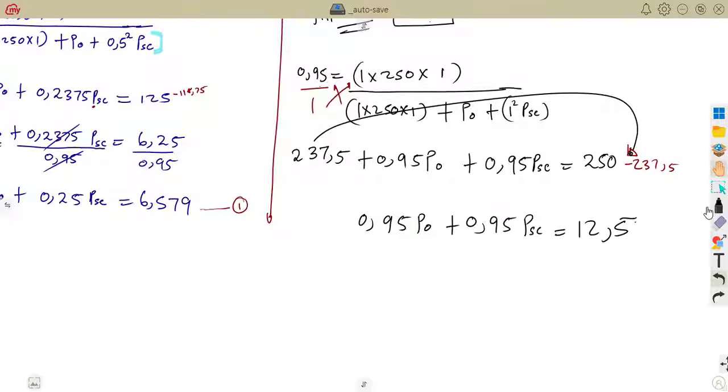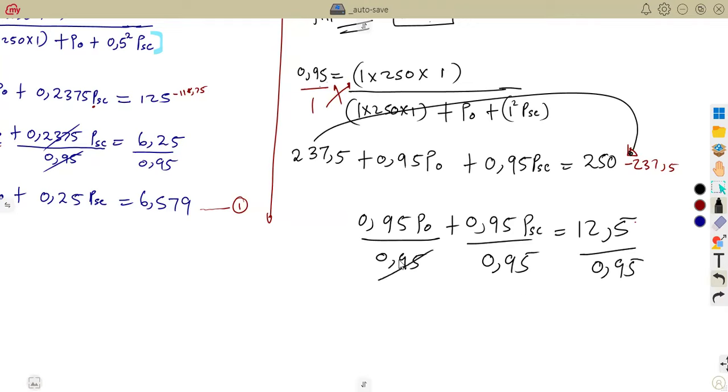But we can even reduce, just like the previous case, by 0.95, 0.95, guys. 0.95 here, 0.95 here. So this was going to cancel. So P open plus, this was going to cancel.